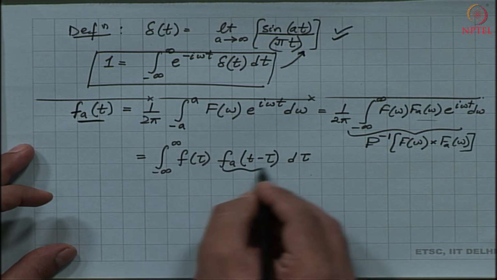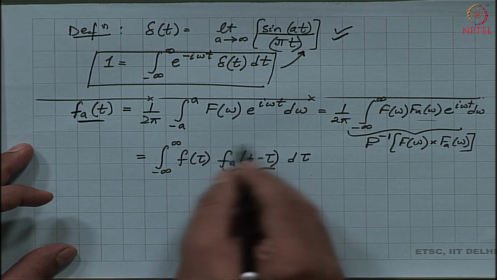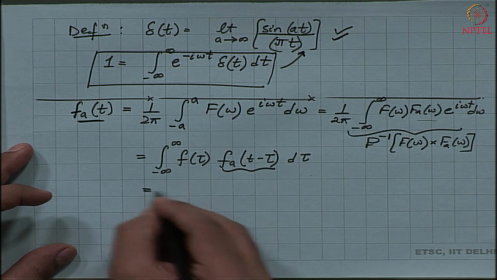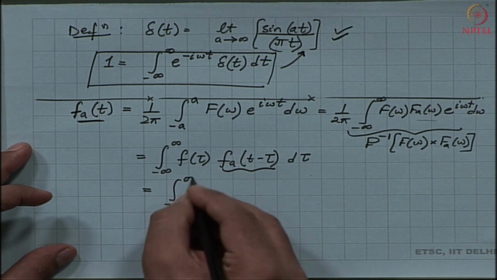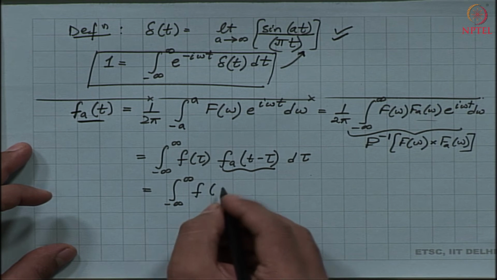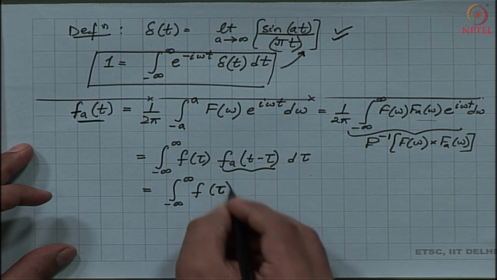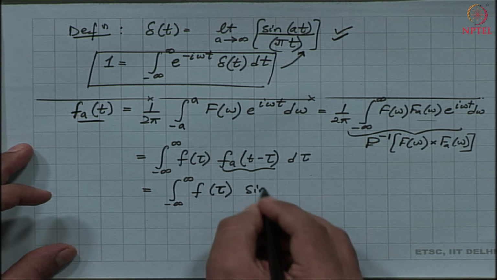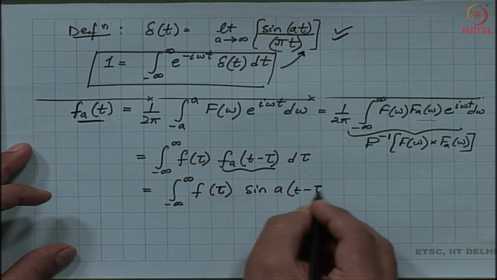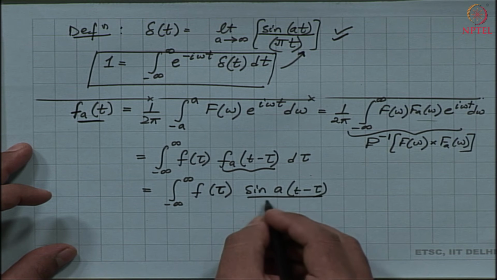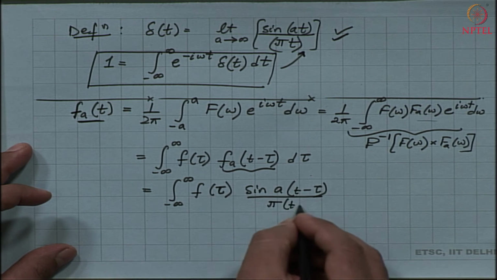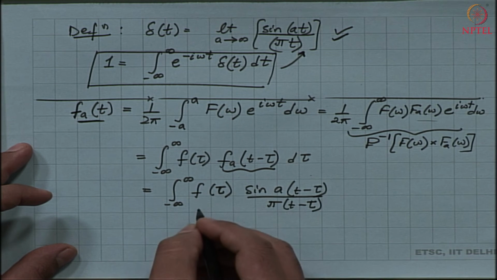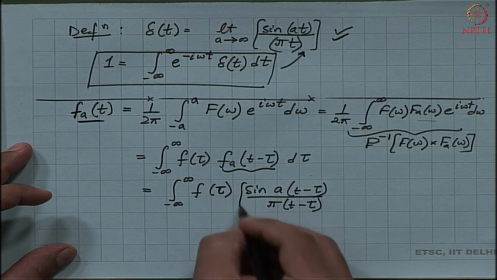And then of course I can replace this by my known result for f a. So, this is the integral from minus infinity to infinity of f of tau times sin a of t minus tau divided by pi times t minus tau, d tau.